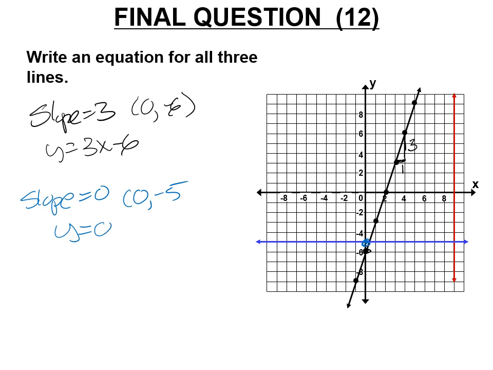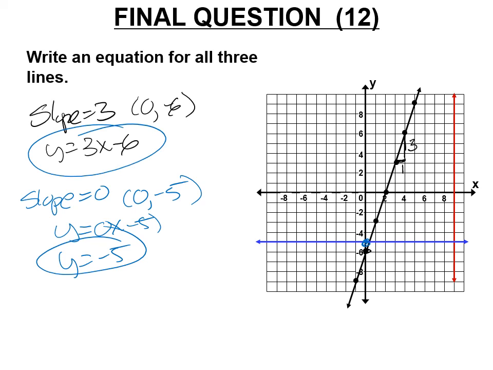So you have y equals 0x minus 5, also known as y equals -5. Last one, the red one is vertical, right? It does not have a slope, it does not have a y-intercept, but it does have an equation. What is the x-coordinate every time? X equals -9. That is vertical.